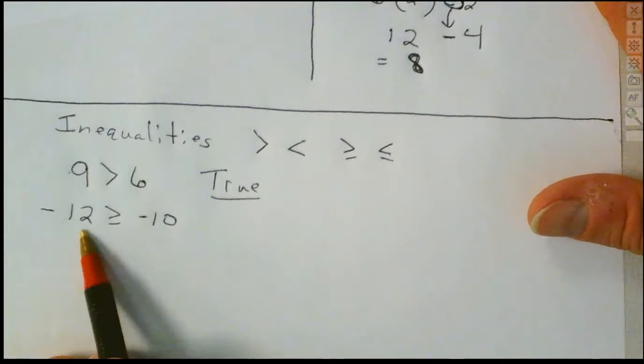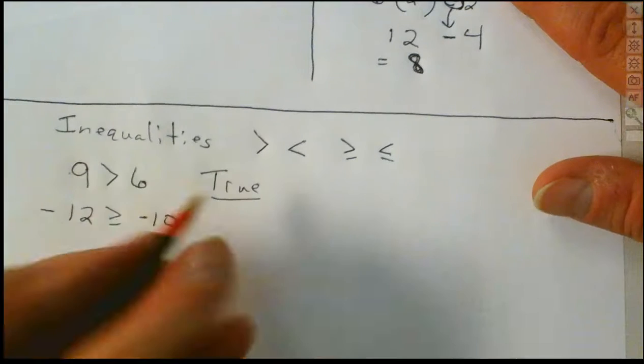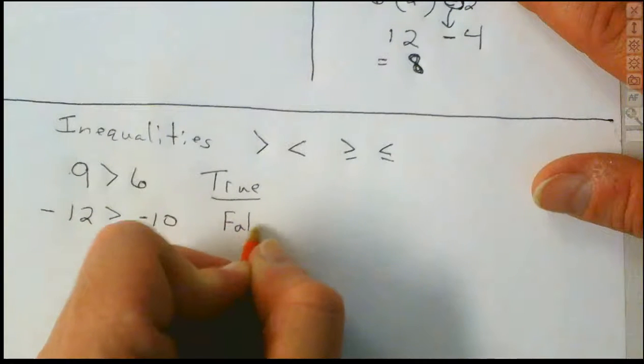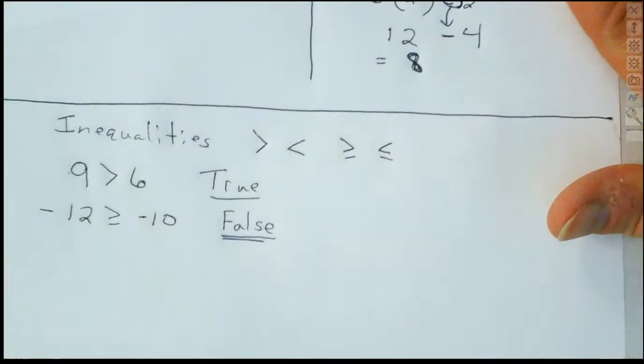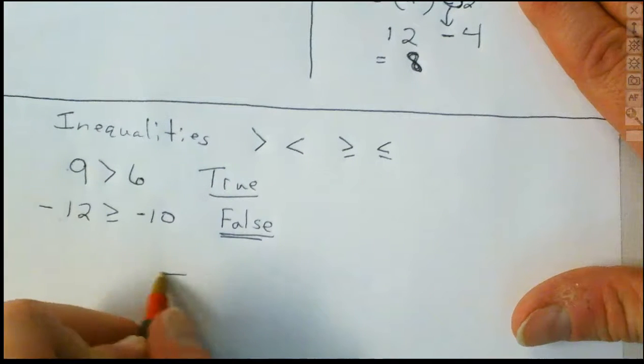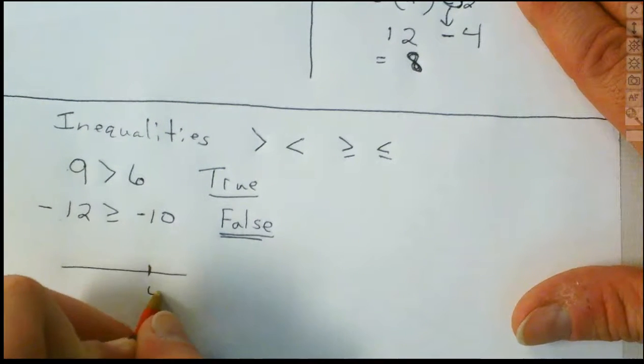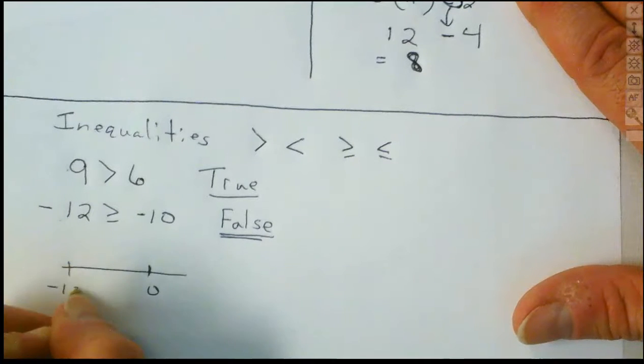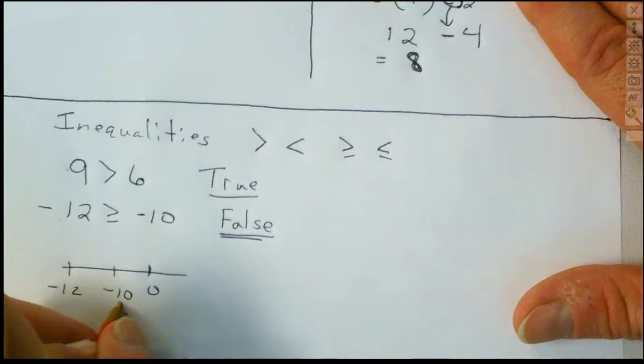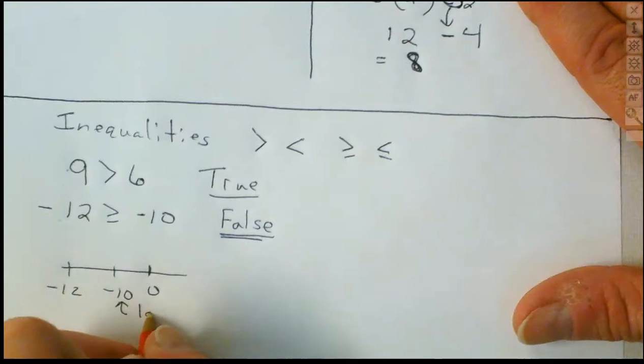So is negative 12 bigger than negative 10? No. That would then be false, right? Because on a number line, we want the one that's closer to 0. And negative 10 is closer to 0, so it's the larger number.